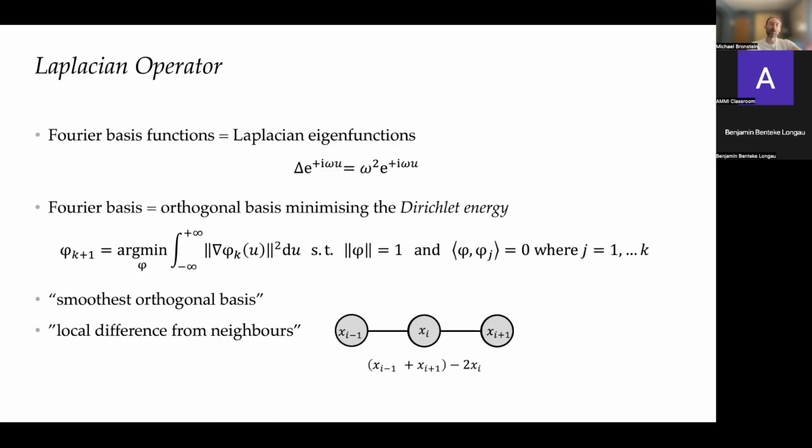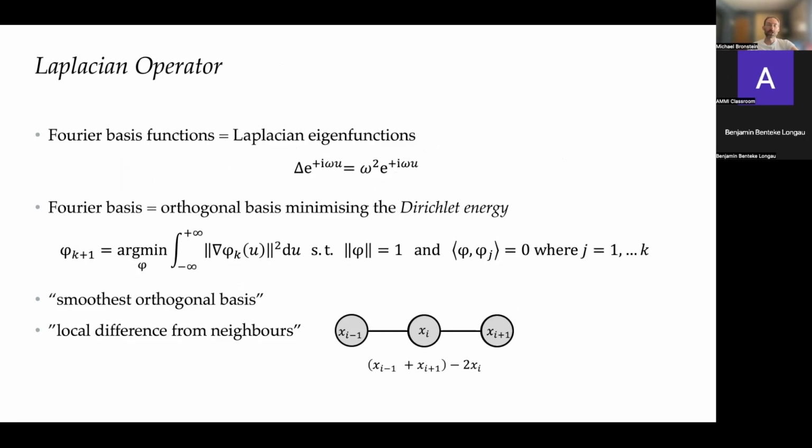So what we see is that Fourier basis functions are Laplacian eigenfunctions. It's also very easy to verify. The one-dimensional Laplacian operator is just the second order derivative. If I take the second order derivative of the exponential, I get back the exponential scaled by the frequency squared, right? This is the eigenvalue and this is the eigenfunction. We can also interpret the Fourier basis as the orthogonal basis that minimizes the Dirichlet energy.